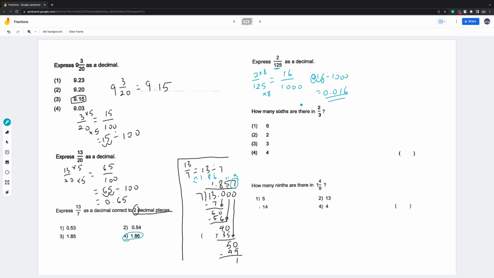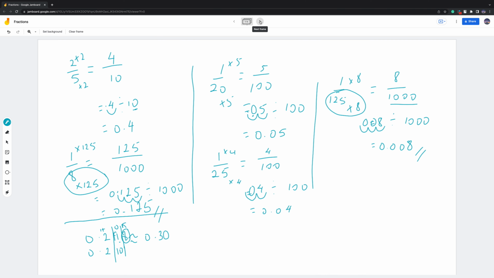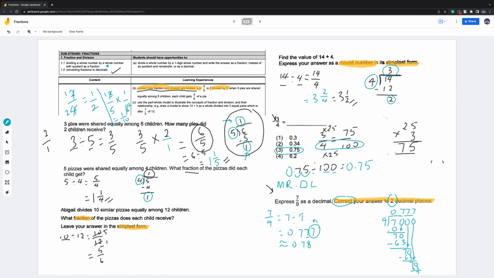Hope you are able to understand what I've just mentioned just now. So again, we're just going to recap. Dividing a whole number by a whole number with quotient as a fraction. Alright, so we have, for this case, 3 divided by 5.